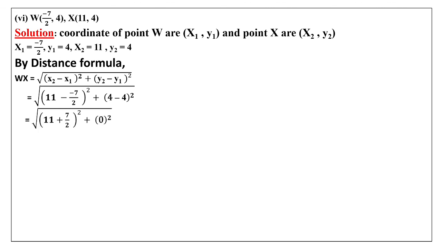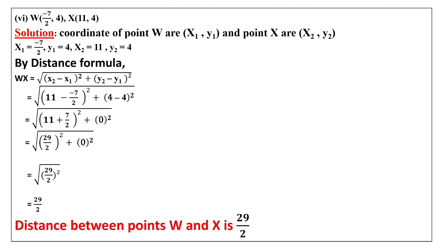Again we have the mixed number: minus minus plus, 2 into 11 is 22, plus 7 upon 2 whole square. 22 plus 7, how much do we get? 29. 4 minus 4 is 0. 0 square is 0. So here we get the square root of (29 upon 2) whole square. So the square root and the square will cancel. So here we get 29 upon 2 as the answer. So the distance between the points W and X is 29 upon 2.